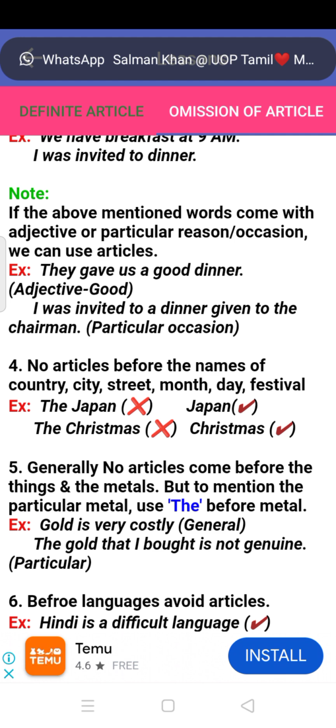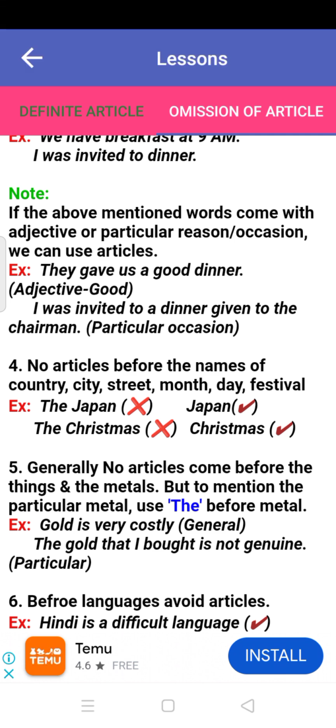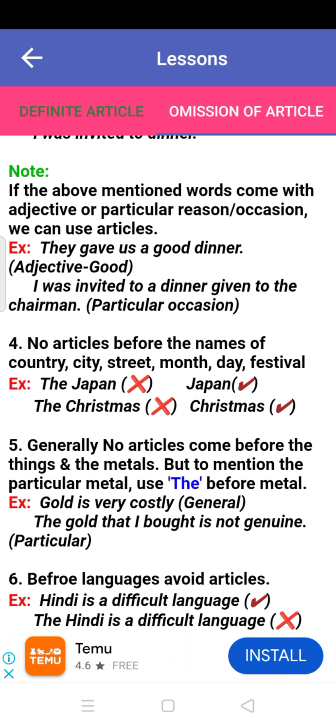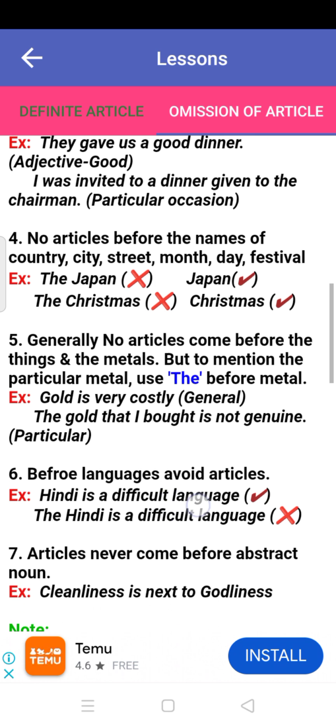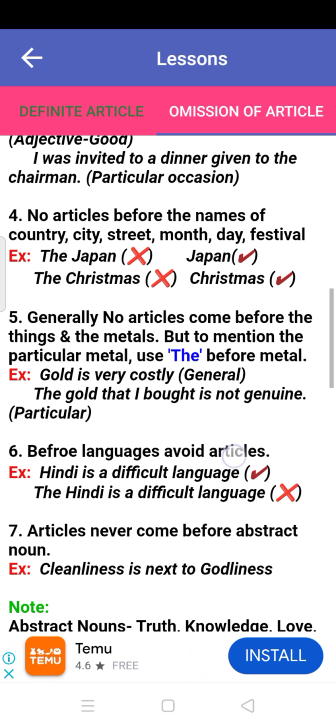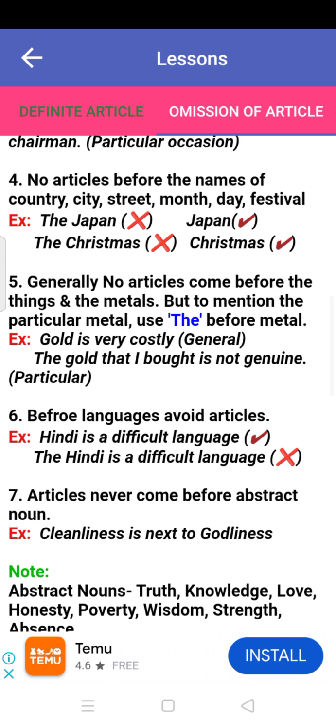They gave us a good dinner. At the same time, I was invited to the dinner given to the chairman. It is a kind of particular occasion. No articles before the names of country, city, street, month, day, festivals. So here you can follow those examples.